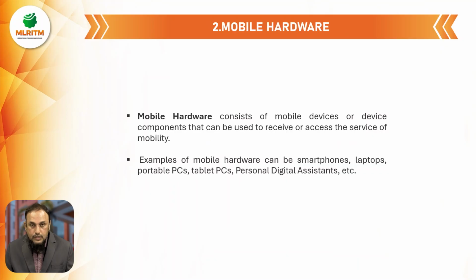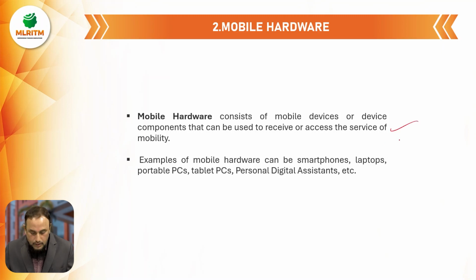Now we come to the second one, mobile hardware. Mobile hardware is very easy to understand. It is a device, for example your cell phone, a mobile device or device component that can be used to receive and access the service of mobility.